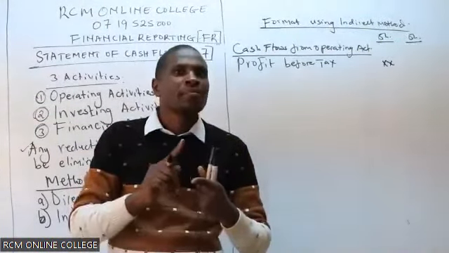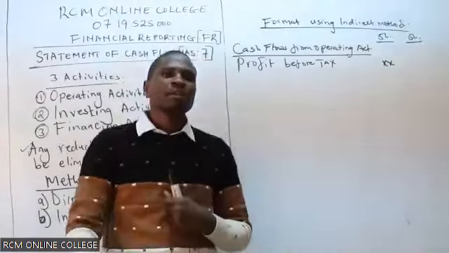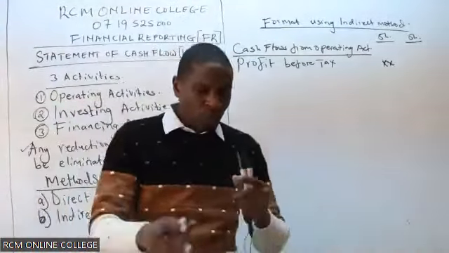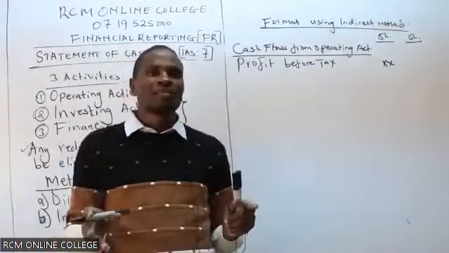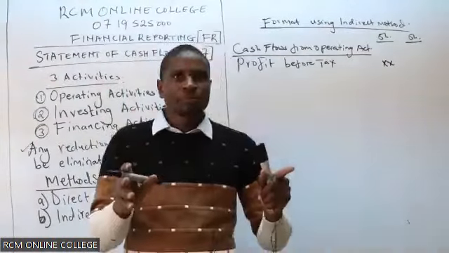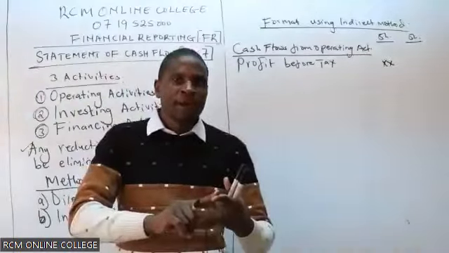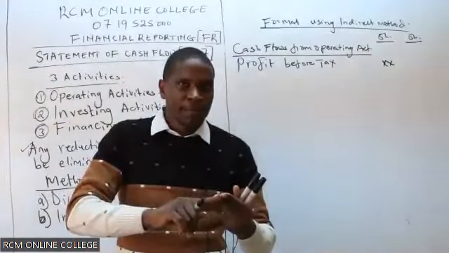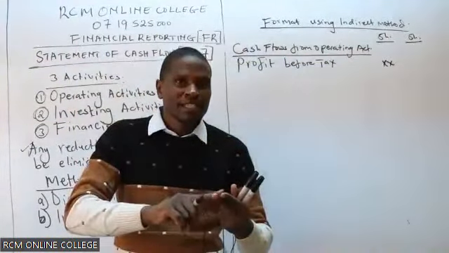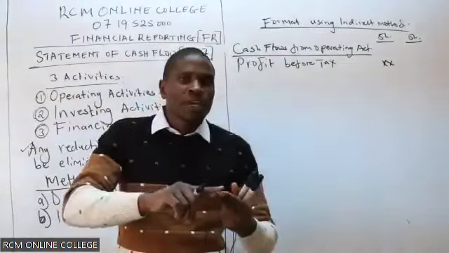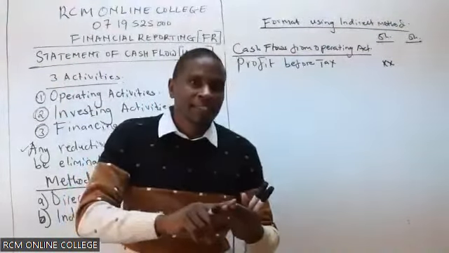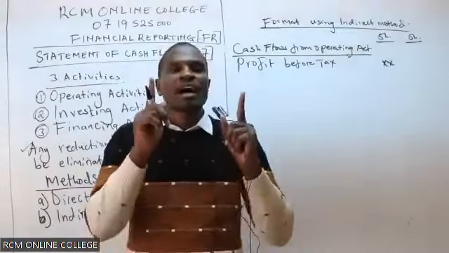I want to send you to the format of the income statement. You check how the income statement is. We have sales, less cost of sale, and then we less expenses. Once you less expenses, before you less tax, we have profit before tax. And then you less tax to get profit after tax.